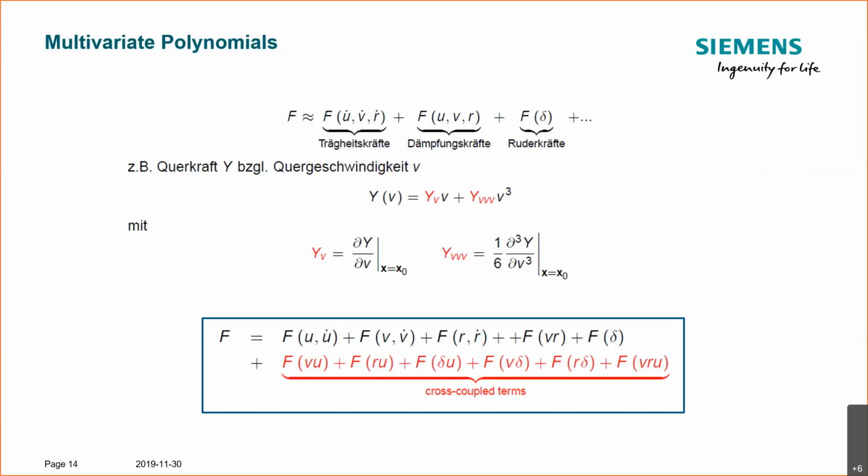That makes the test matrix for parameter identification very large. So the question is, do we really need all these cross-coupling terms, or can we come up with a reduced order model? That would reduce the cost of our CFD campaign to resemble the captive maneuvering tests for parameter identification.